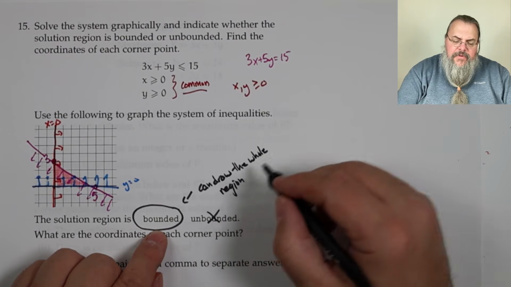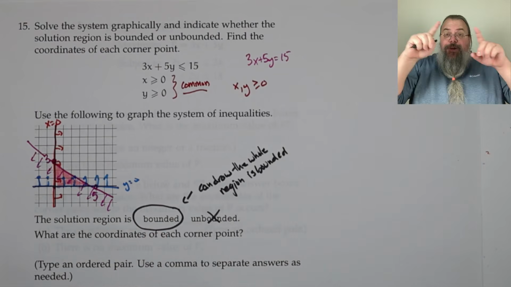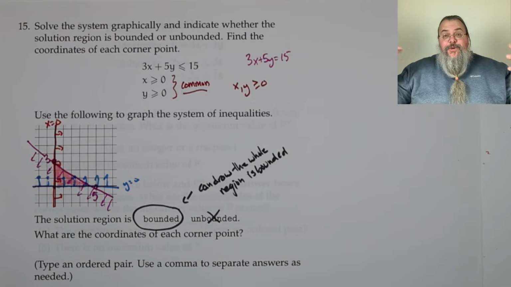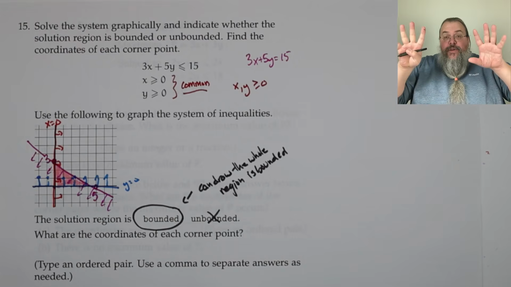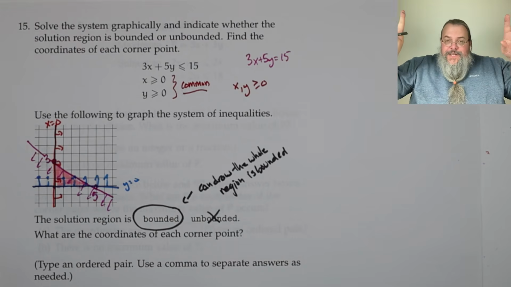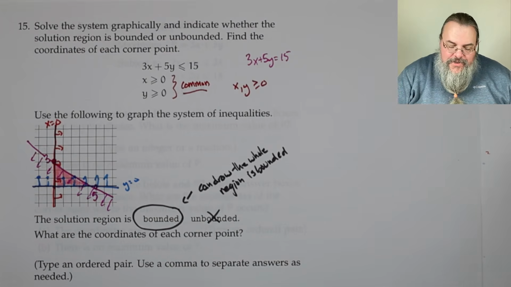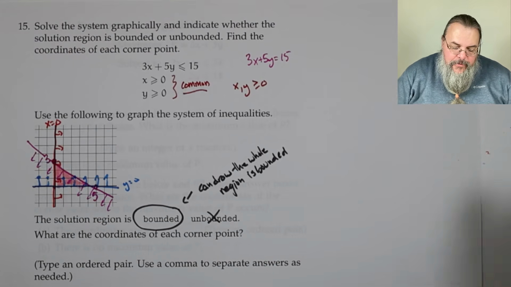Another way it's phrased is that you can enclose the entire region within a circle. But essentially, if you can draw the whole thing, it's bounded. Unbounded says it just keeps going and going and going. It's the Energizer battery of regions, if you will. All right, so that's good.